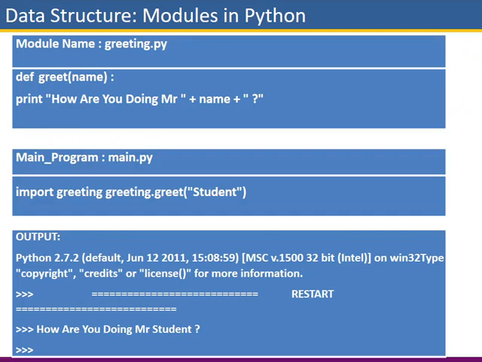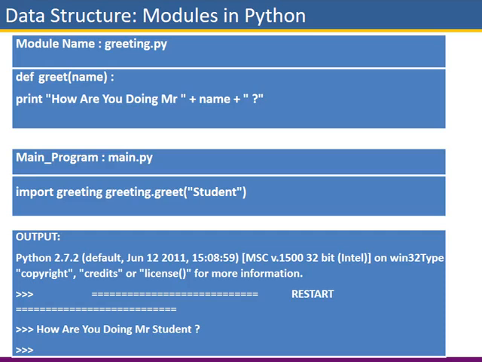We have our module name greeting.py, and we have the def keyword to define greet with name inside the brackets. So we print it: how are you doing, Mr., plus concatenate with the name, plus the question mark.